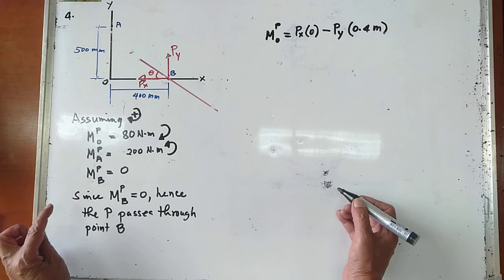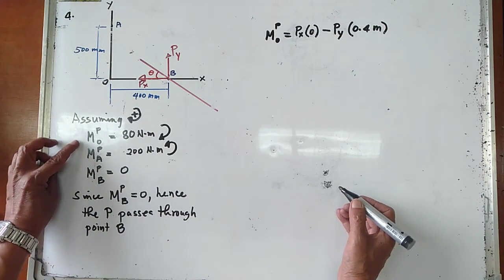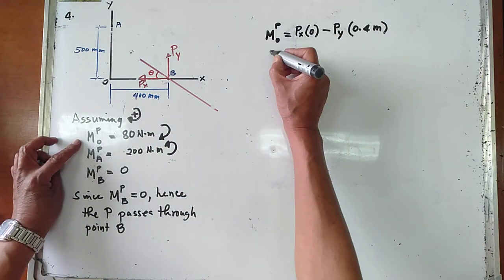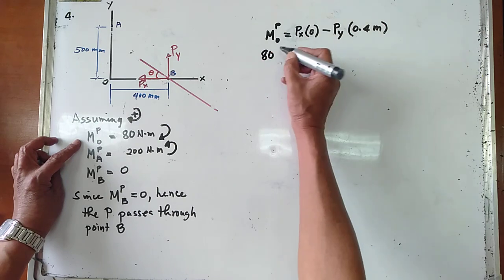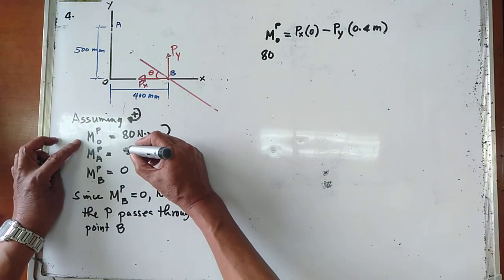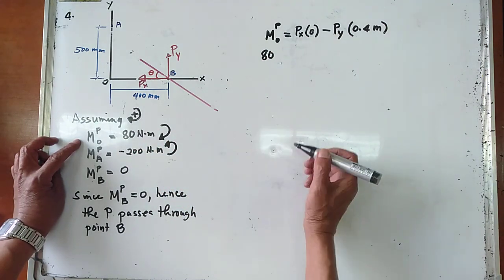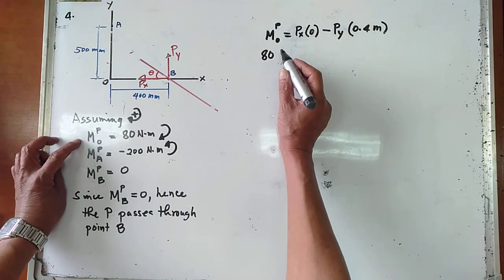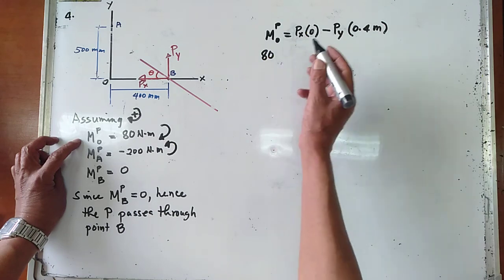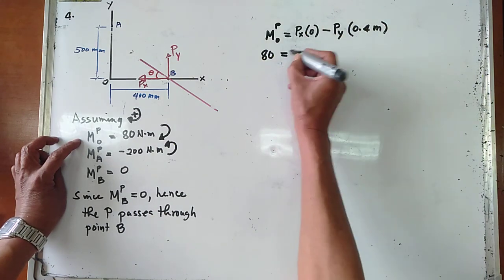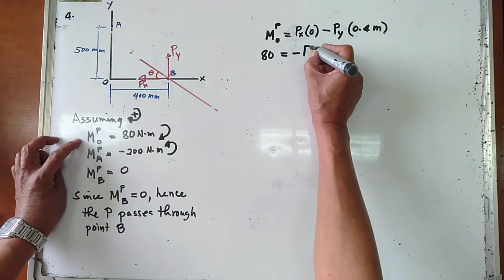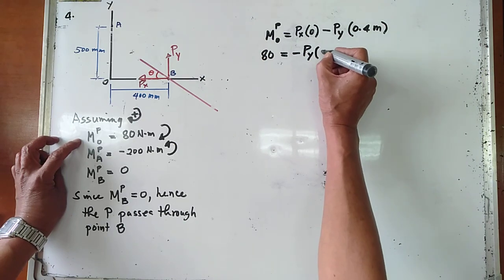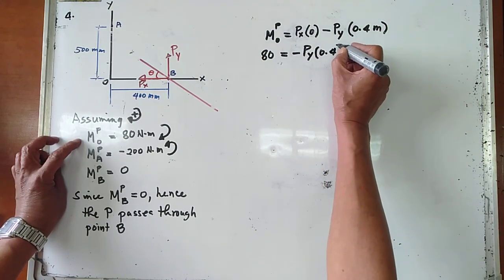Now, the moment of the force P about point O is 80 newton meters, and since it is counterclockwise, that is negative 80 newton meters. This is equal to minus Py multiplied by 0.4.